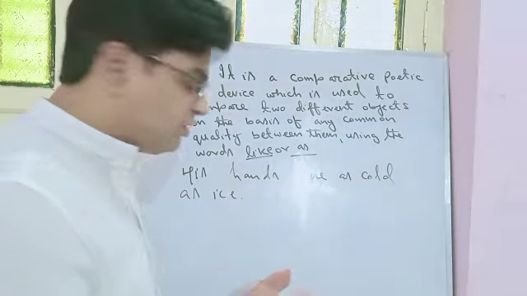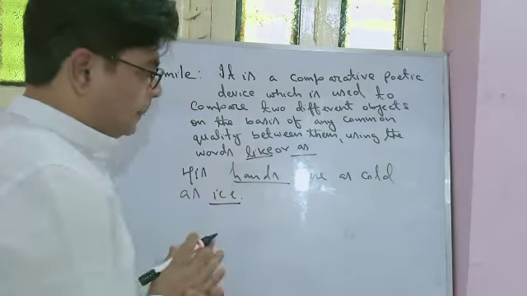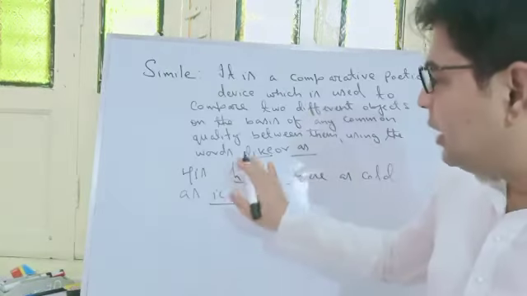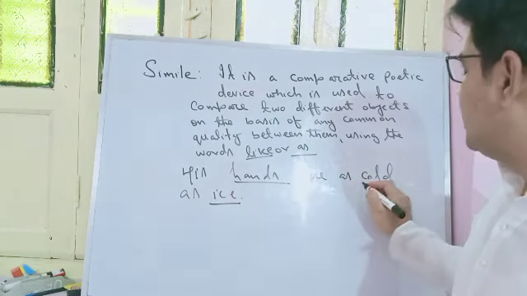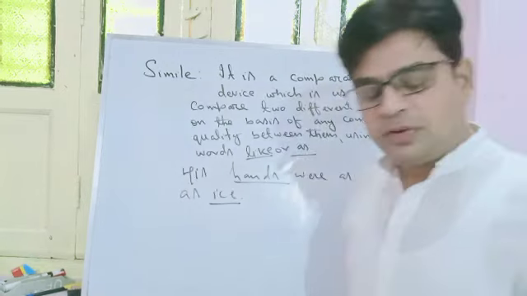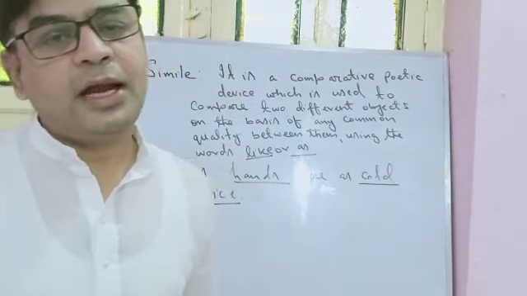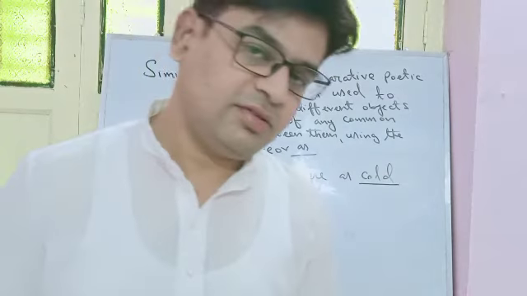Here two objects are compared. Hands and ice. And what is the common quality between hands and ice which I have tried to express over here? That common quality is cold. That means here a person wants to convey a message that his hands were cold like ice.